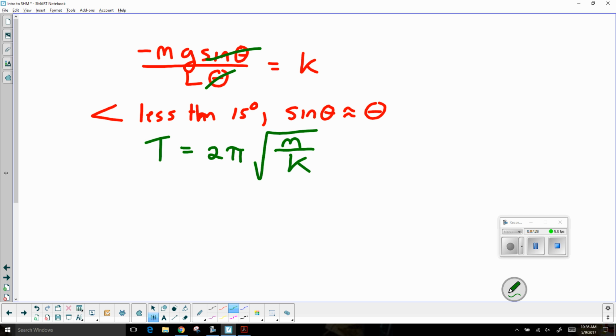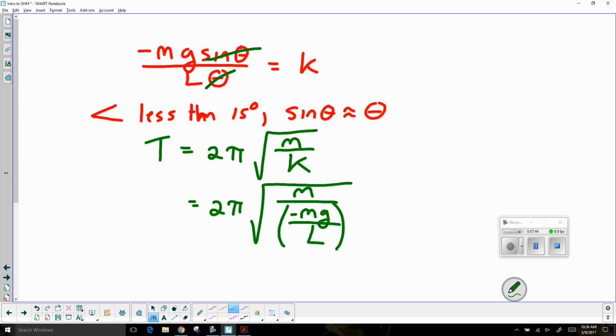I'm going to plug in this new equation here. Remembering here that gravity is negative 9.8, I'm just going to make those negative signs go away.